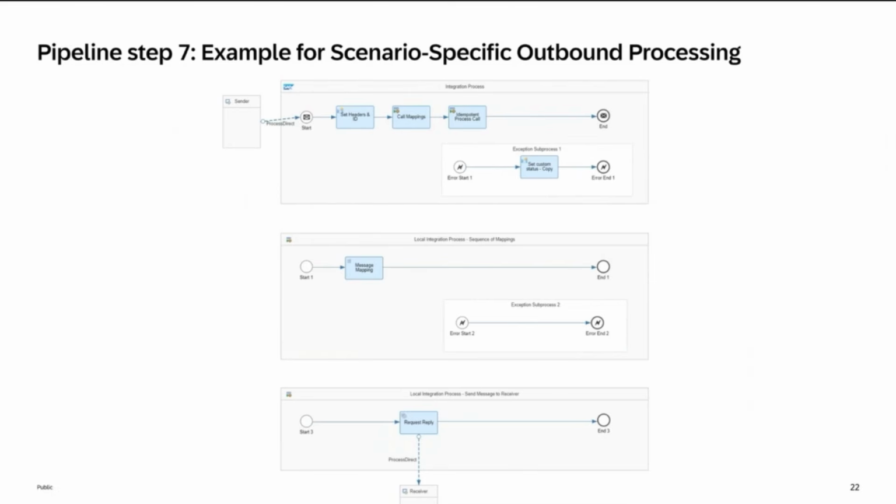So usually if your message fails, it fails in the mapping. You could then also put in here an outbound conversion like an XML to JSON conversion, right? And then pass the message to the receiver, right?